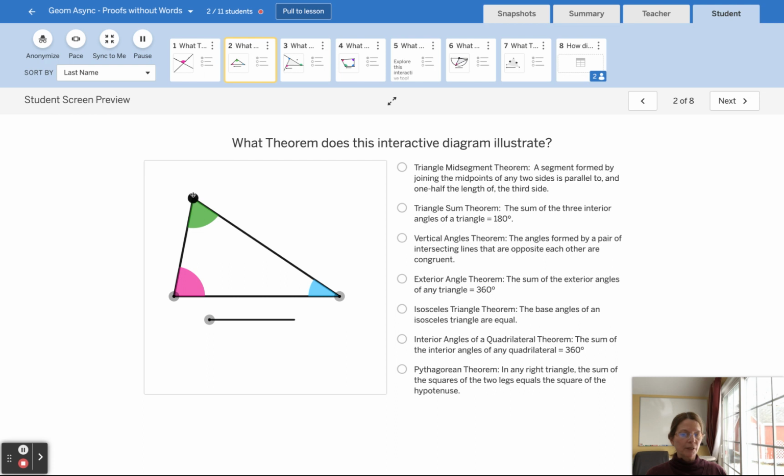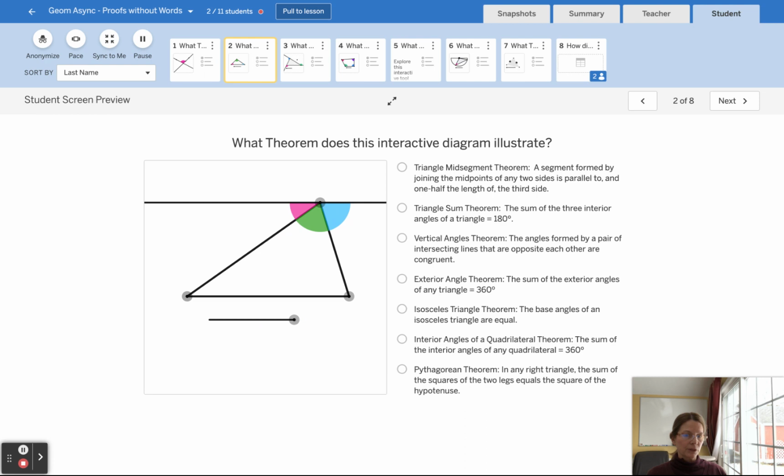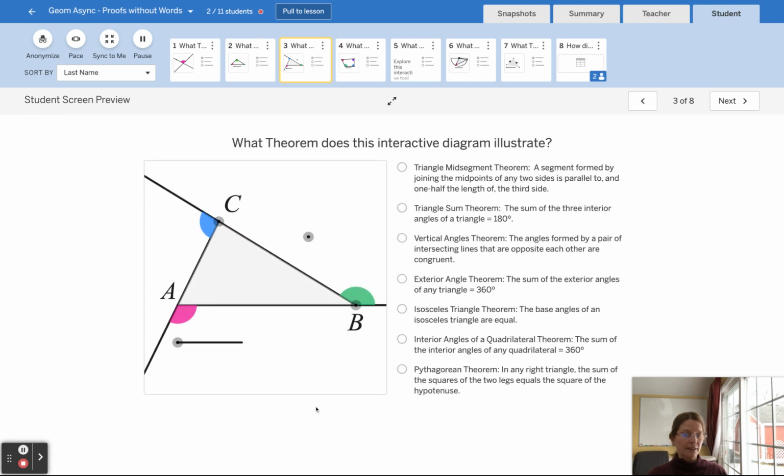That must mean that no matter how I fix my triangle, no matter what it looks like, the sum of the 3 interior angles of a triangle is going to be 180 degrees. So you're going to find that theorem in the list. Don't use vertical angles theorem. You've already used that. Find that correct theorem and then move on to the next.